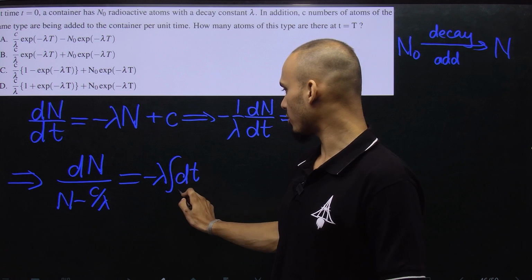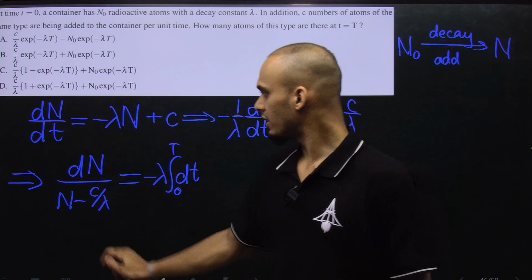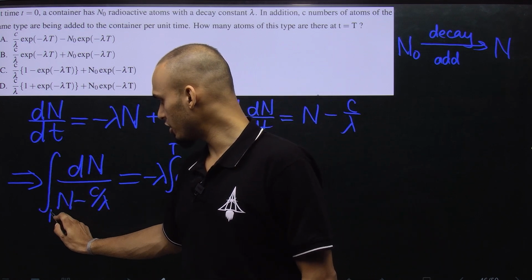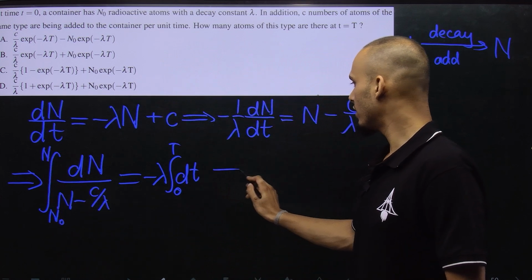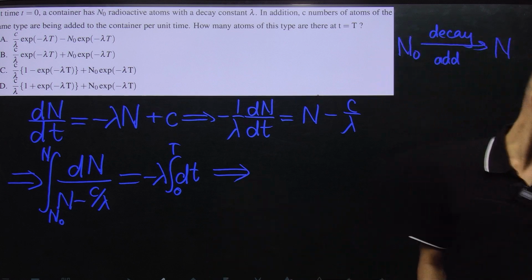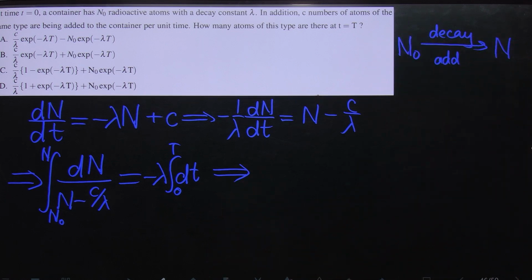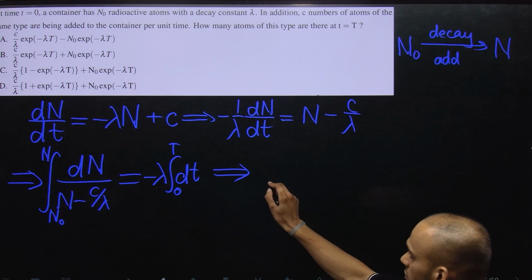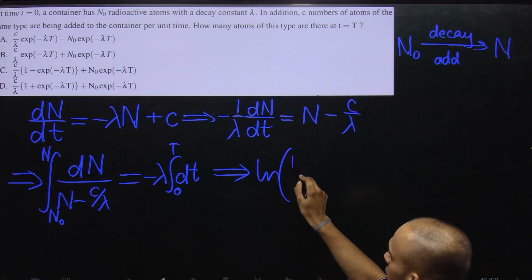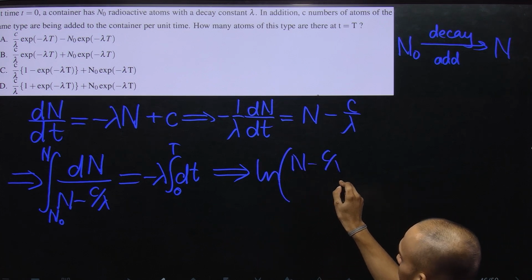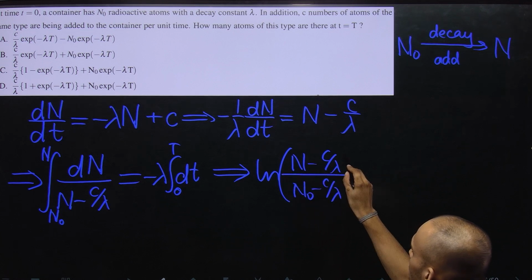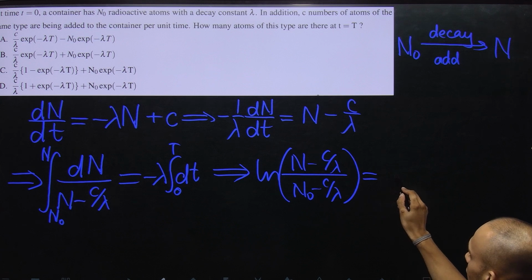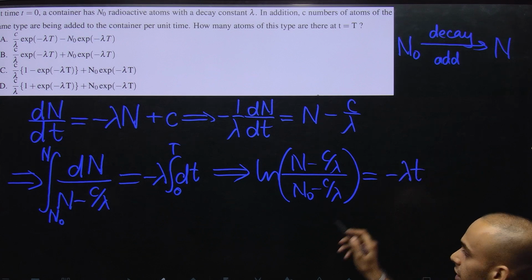Integrating time from 0 to capital T, we will get integration from initial value N naught to final value of capital N. Integration will simply be a logarithmic integration, and log of, in the numerator we will get N minus C by lambda, and denominator will get N naught minus C by lambda, and on the RHS we will have minus lambda into t.